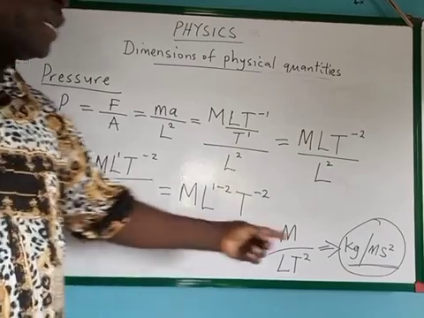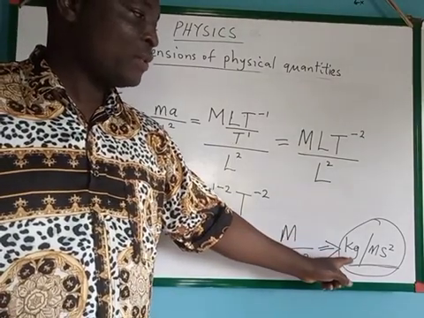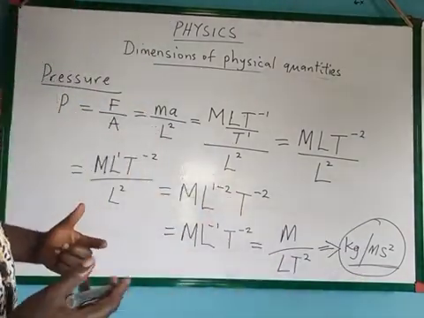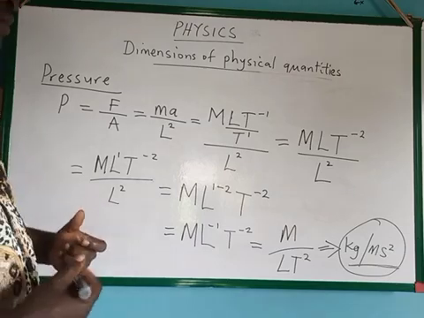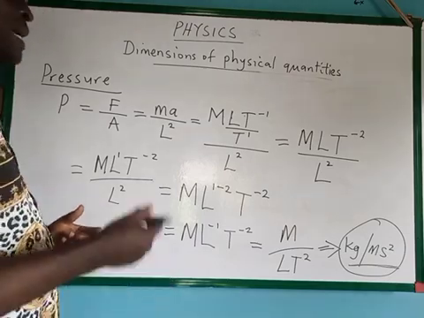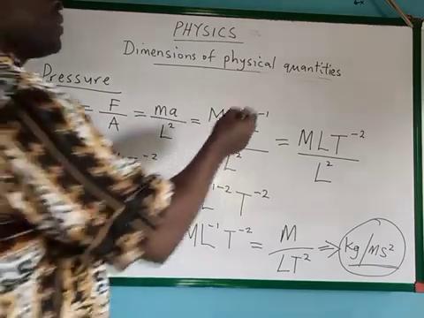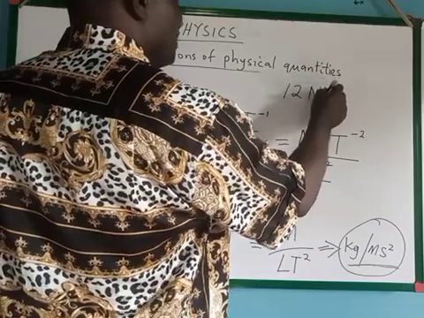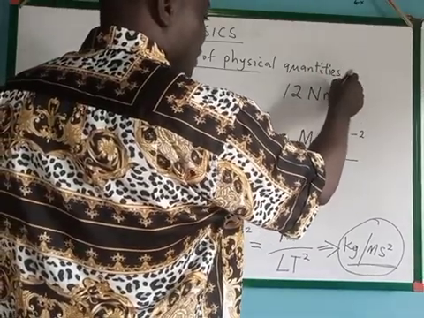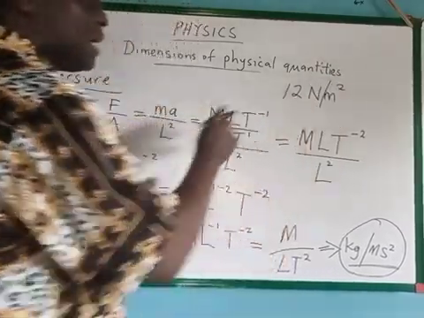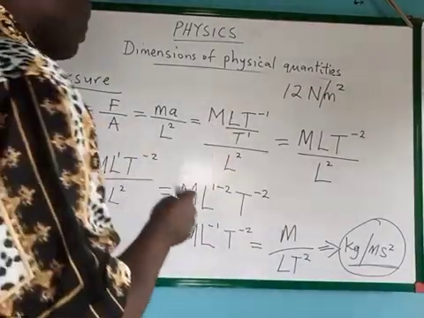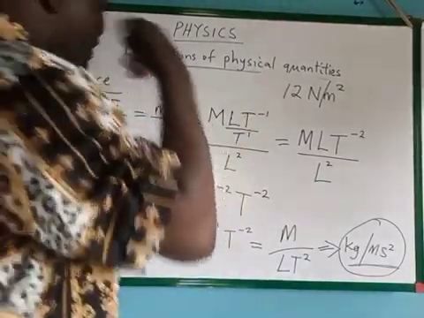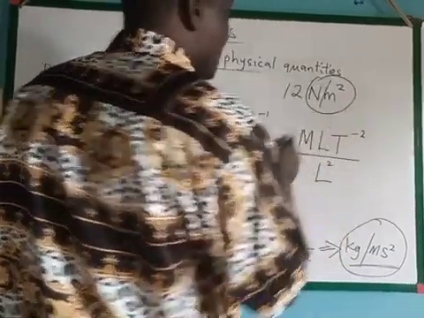When we are given questions or quantities to find, what do we have as the SI unit of pressure? If for instance you find pressure and it is 12, you say Newton per meter square. That is what we have when we treat pressure as an SI unit.